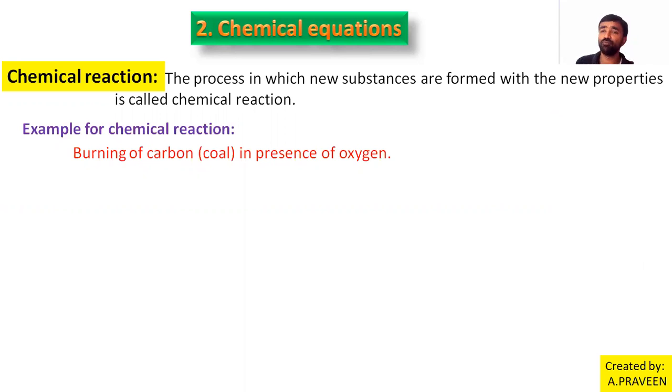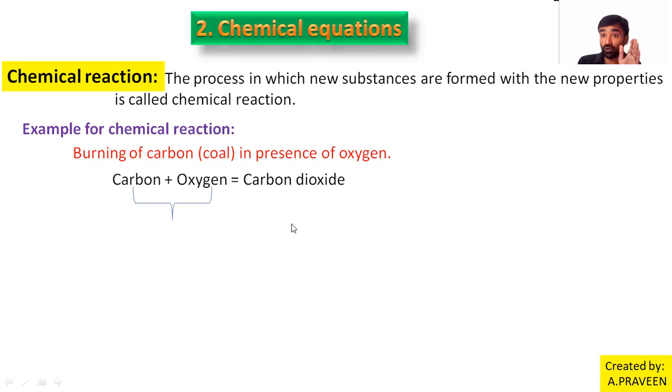So burning of LPG is also an example of a chemical reaction. Here carbon is combining with oxygen and giving you carbon dioxide along with heat and light energy and remaining ash as waste, right? So this is an example of a chemical reaction.